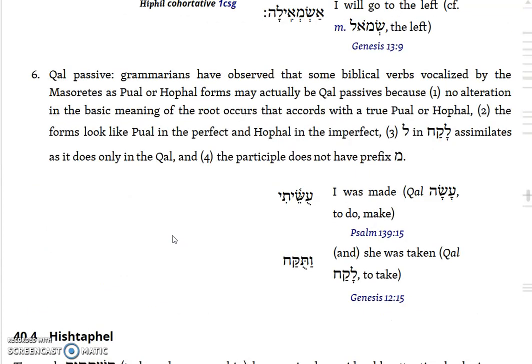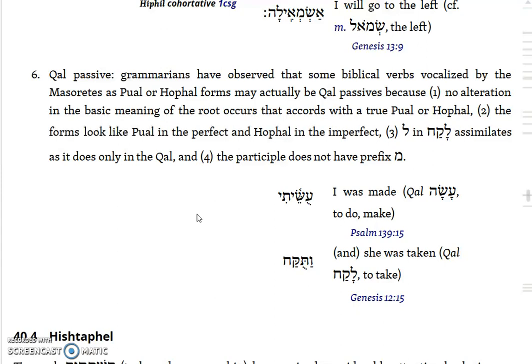Then there is what is called the qal passive. Grammarians have observed that some biblical verbs vocalized by the Masoretes as pual or hofal may actually be qal passive forms. And their reasoning for concluding this is as follows. One, in such verbs, no alteration in the basic meaning of the root occurs that accords with the true pual or hofal meaning.